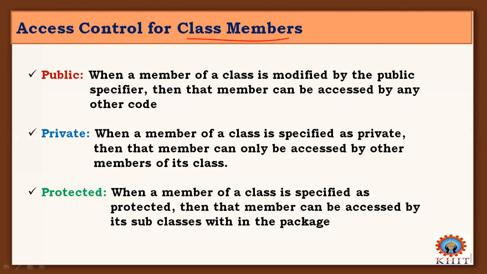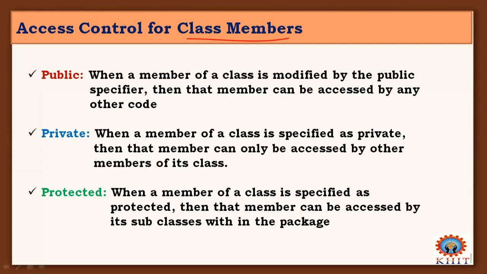As per the specification given in object-oriented languages like C++ and Java, there are three access modifiers: public, private, and protected.